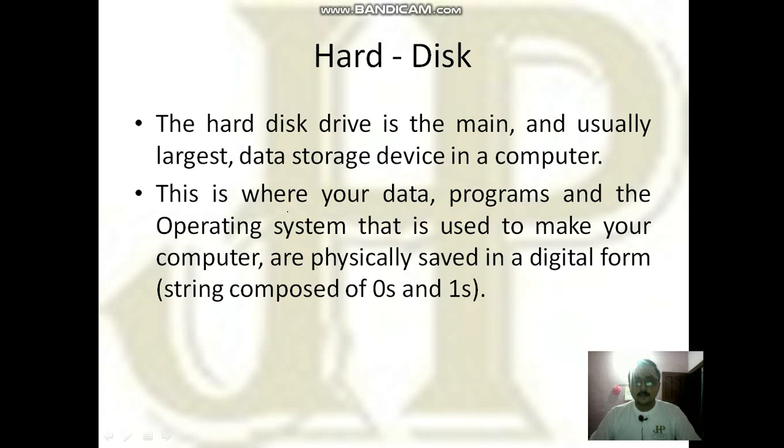This is where your data, programs and the operating system that is used to make your computer work are physically saved in digital form. What is digital form? Digital form is a string composed of zeros and ones. The data are converted into 0 and 1 form.